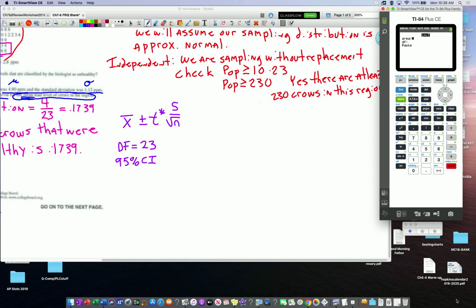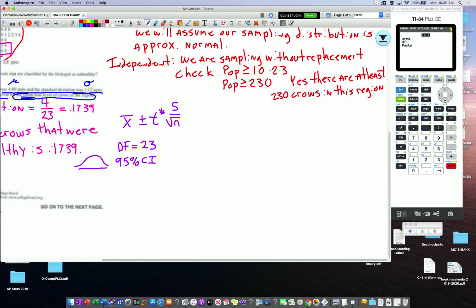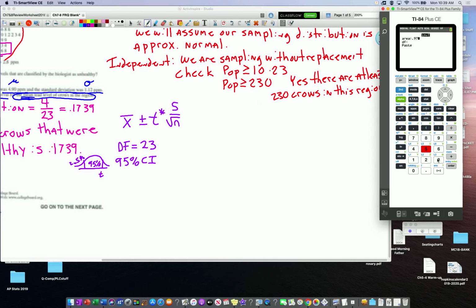When you go to do the area, you can't put 0.95. You have to think about the area as the middle 95. So if I want to find this t star, this area here is 2.5%, so to get the correct t star score, I have to put 0.975. Degrees of freedom, 23. That's going to give me my t star score.